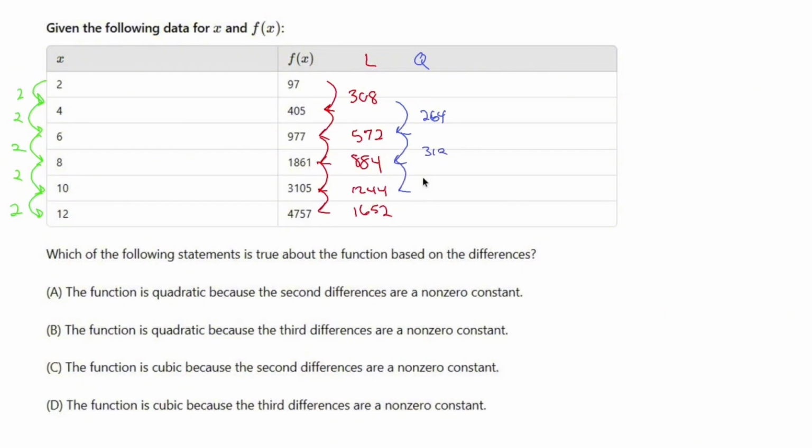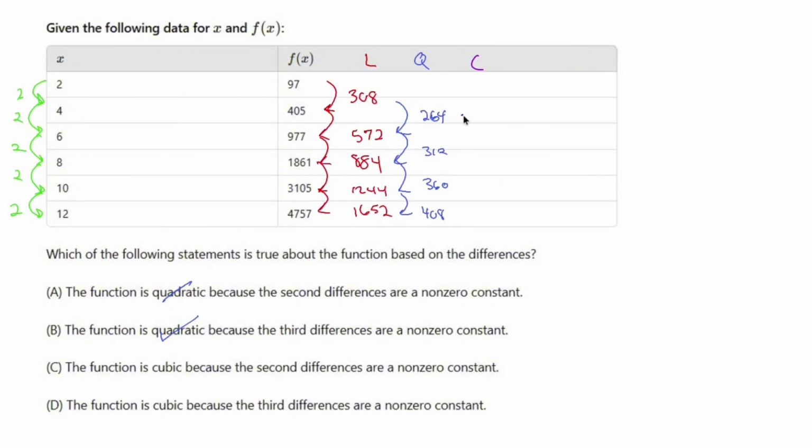To get from 884 to 1244, 1244 minus 884 is 360. And then you have 1652 minus 1244, and that is 408. All right, so it's definitely not quadratic. So this better be cubic.